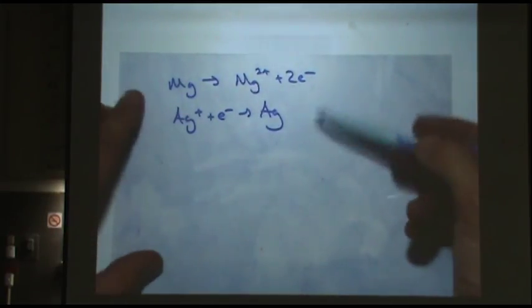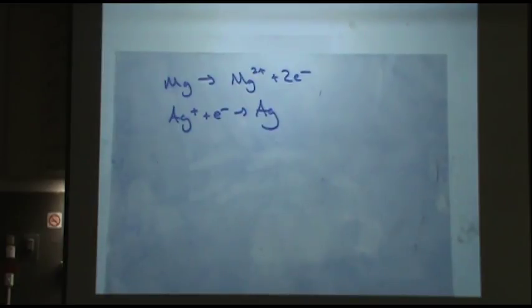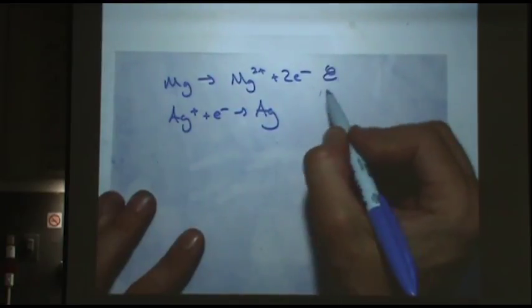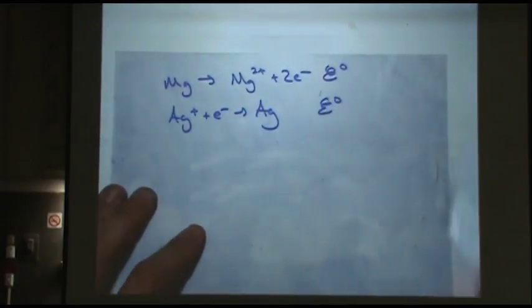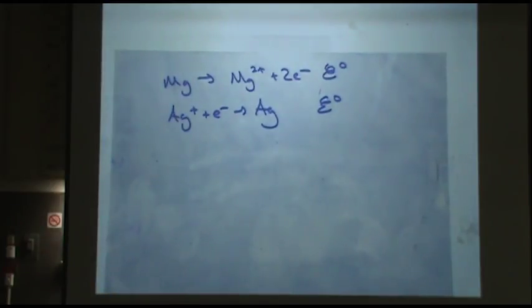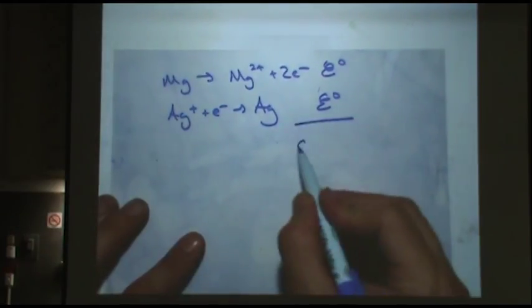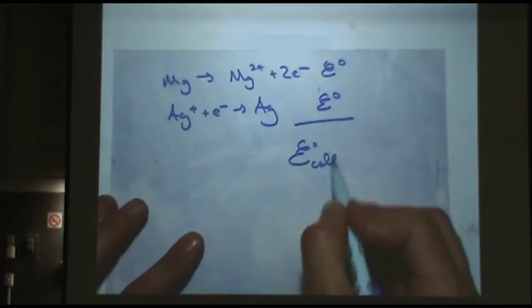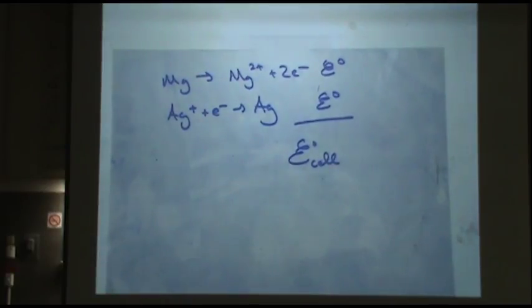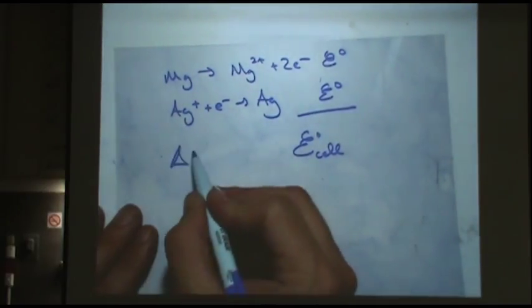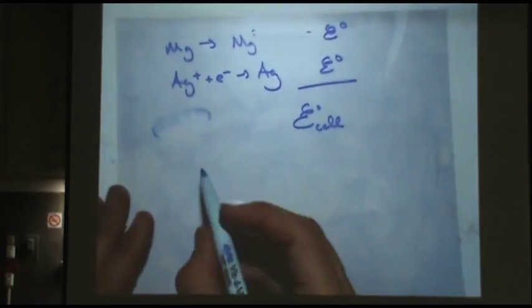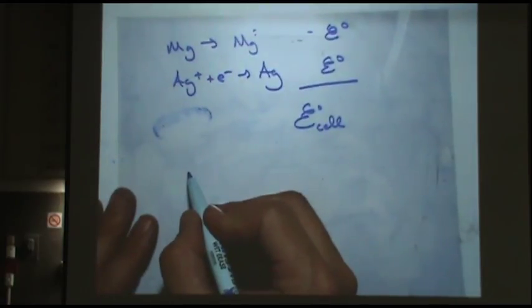Now I need the E standards. I look it up on the table in the back of the test. Is that all right? Then I add them. And this will give me the E for the entire cell. And then I say delta G. Oh, no, not that one. It's K. What's that formula?